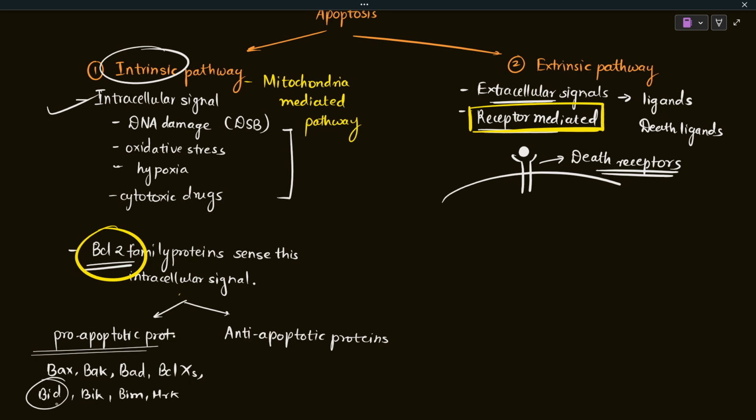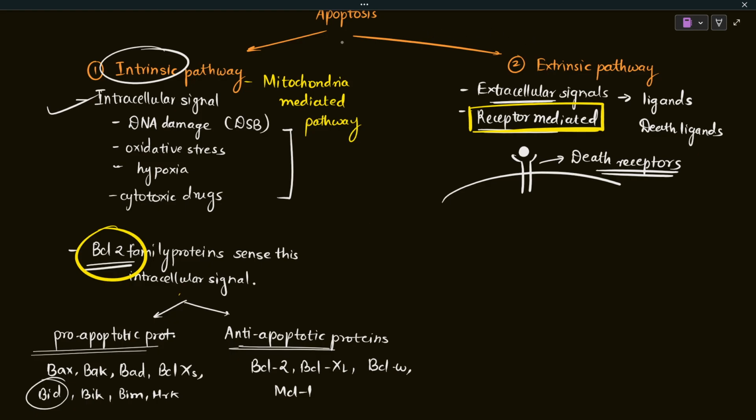Means whenever there will be aggregation of those proteins, they will lead to apoptosis. Well, anti-apoptotic proteins are the ones which will keep a check on the apoptosis, which will inhibit apoptosis. BCL2, BCLXL, MCL1, those are the ones which are anti-apoptotic proteins.